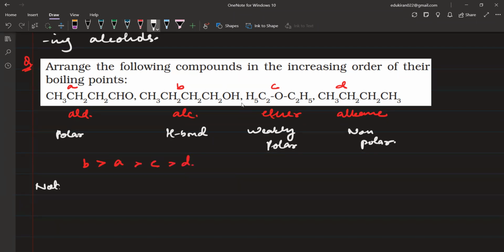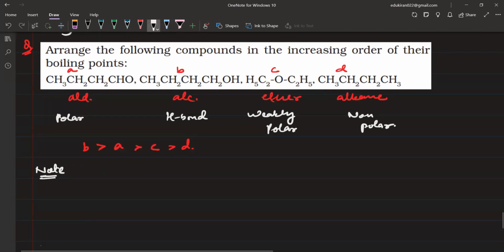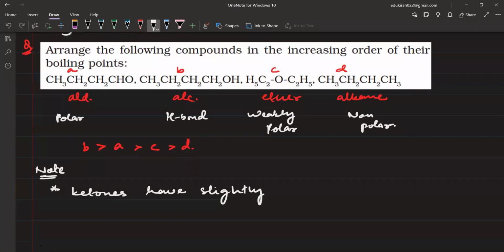Write a note. Ketones have slightly more boiling point than isomeric aldehydes.